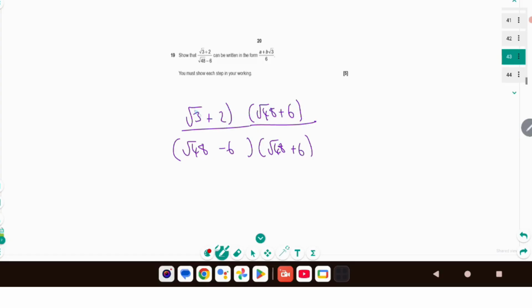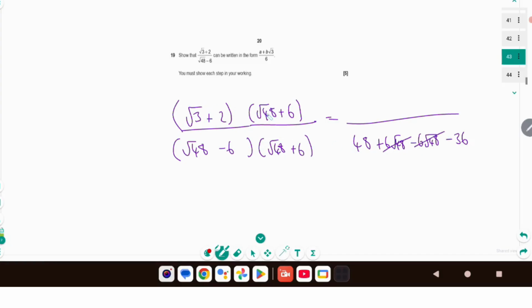So we now have double brackets on the top and the bottom of our fraction. If I multiply out the brackets on the bottom, root 48 times root 48 is 48. We're going to have plus 6 root 48, which is going to cancel with a minus 6 root 48, all over minus 6 times 6, which is negative 36.